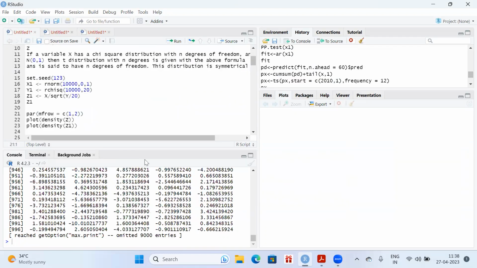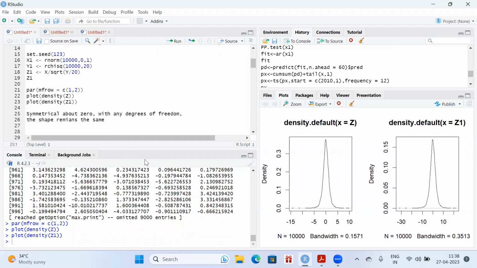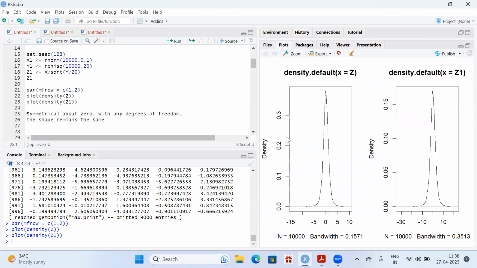I'll draw two plots, a plot of the density of Z and a plot of the density of Z1. Both of them give a similar graph. You can put your main title and y-axis, x-axis labels. It is a symmetrical distribution, symmetrical about 0, like the normal distribution, for any degrees of freedom.